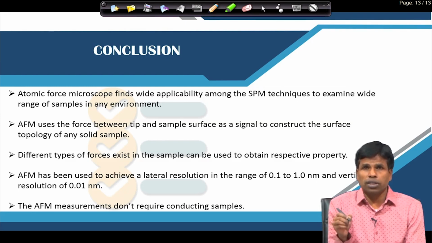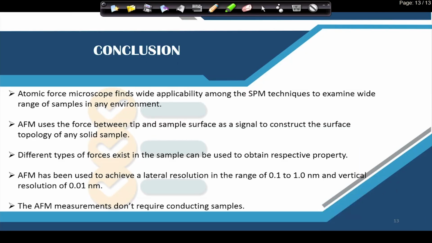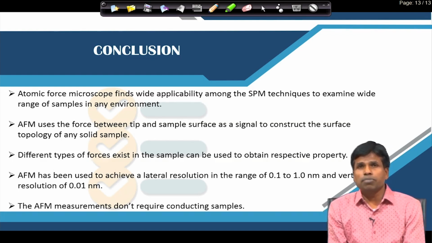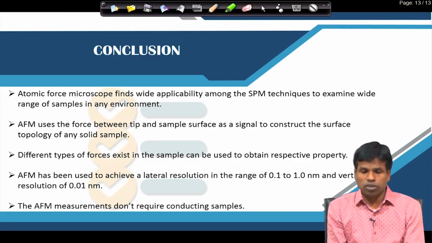Therefore, we do not need vacuum. We can use it in air, and we can use it under liquid like the scanning tunneling microscope. It measures the force between the tip probe and the sample surface as a signal to construct the surface topology.